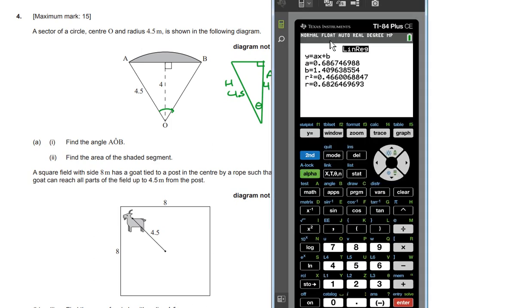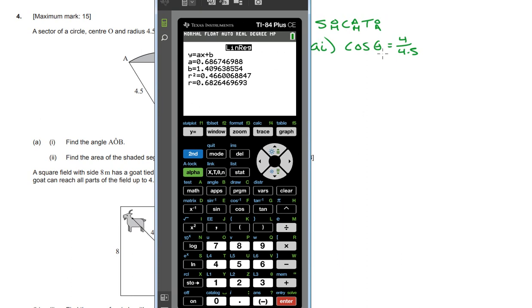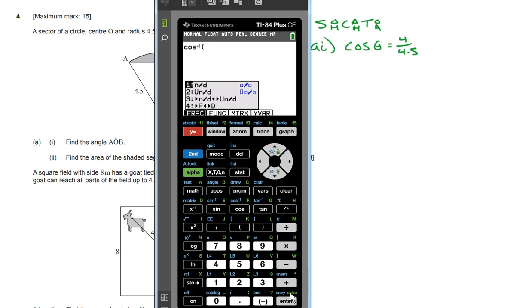Okay, so if you'll remember, whenever we're trying to calculate an angle, we need to do the inverse of cosine, cosine to the negative first. So we're going to do second cosine, get the cosine to the negative first, and then we'll enter our fraction in there. You can also just do 4 divided by 4.5, and that would work as well.